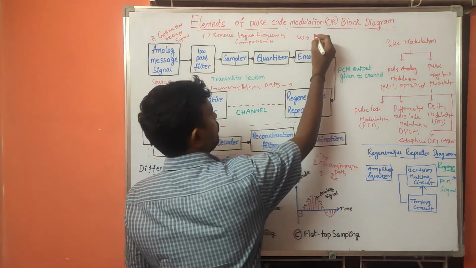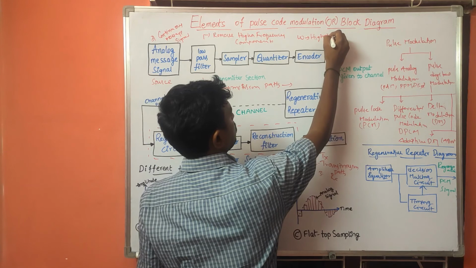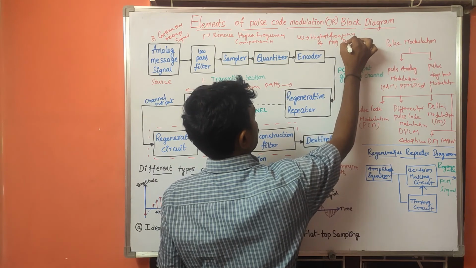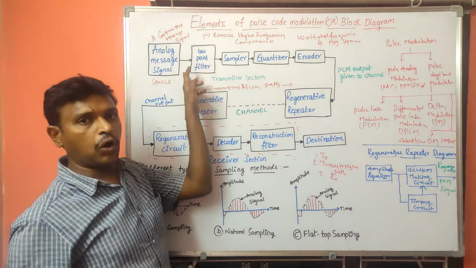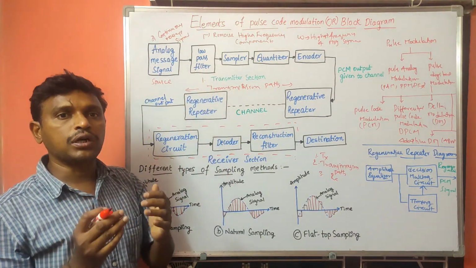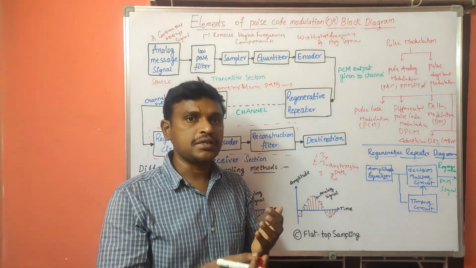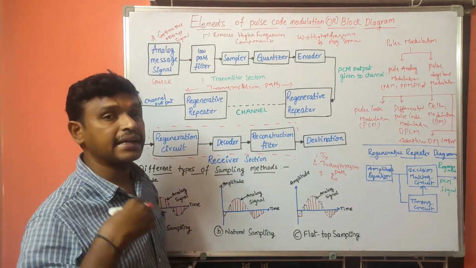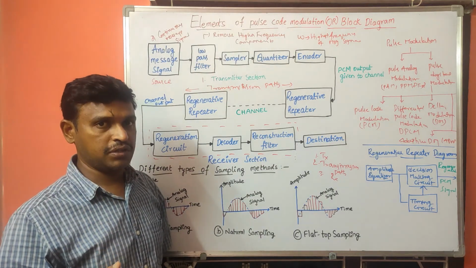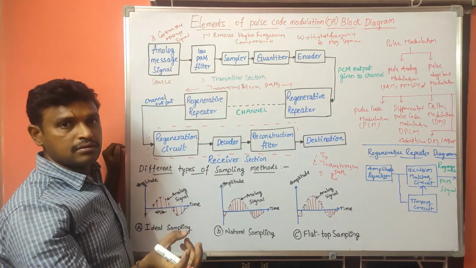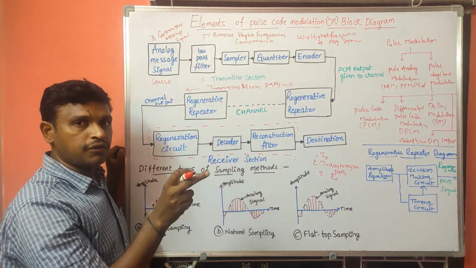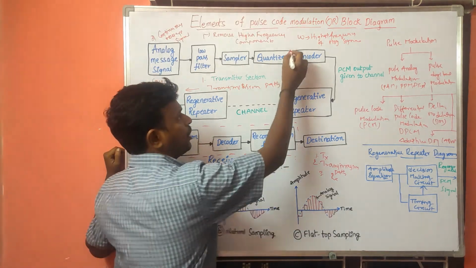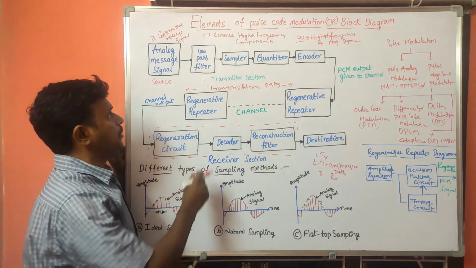If I pass this analog signal through the low pass filter, any high frequency component obtained at this point, greater than the highest frequency of the message signal, that means greater than omega, will be eliminated by this low pass filter.